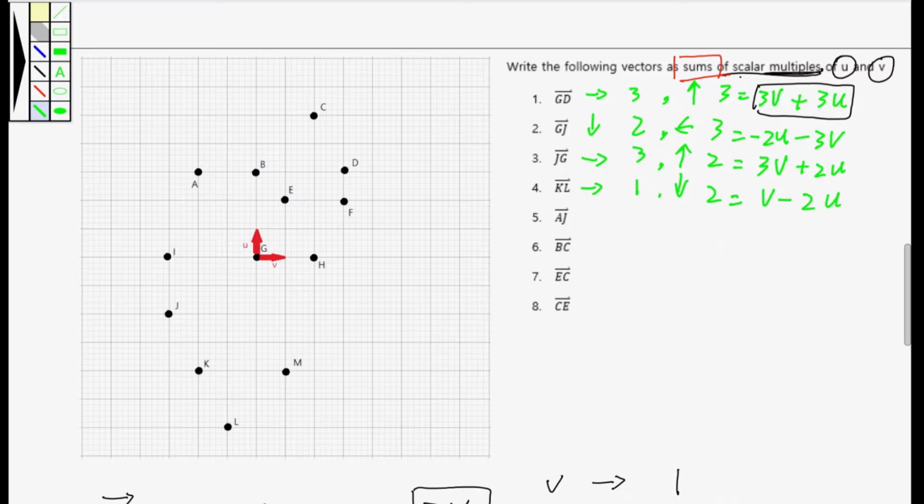Vector AJ. A is here, J is here. So opposite direction of u and magnitude is 5, and opposite direction of v and magnitude is 1. So we can say negative 5 vector u and negative vector v.